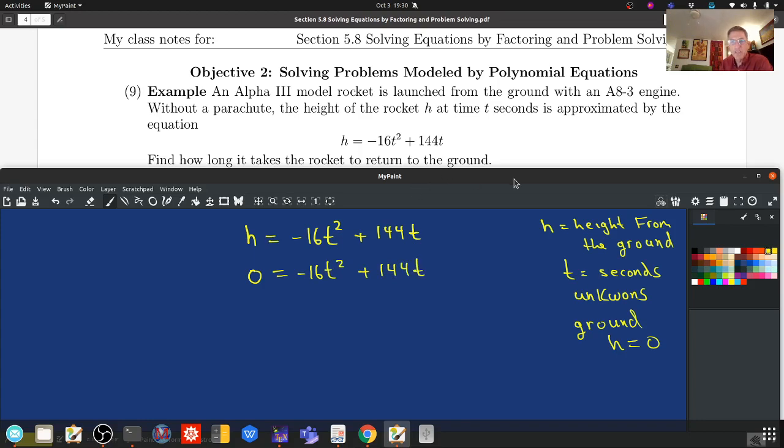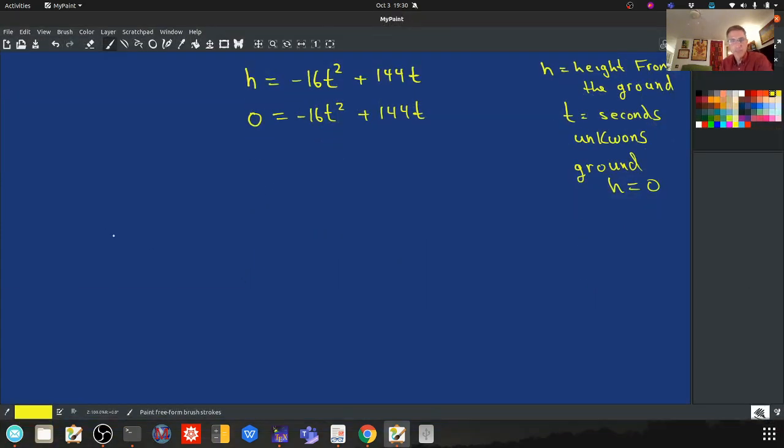So before we do anything here, let's consider something that should be staring us in the face. What is the GCF of 16 t squared and 144 t?